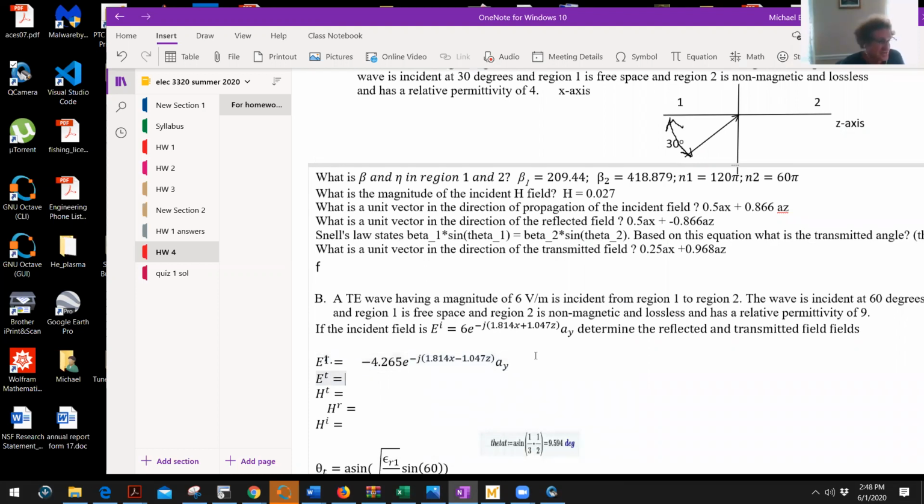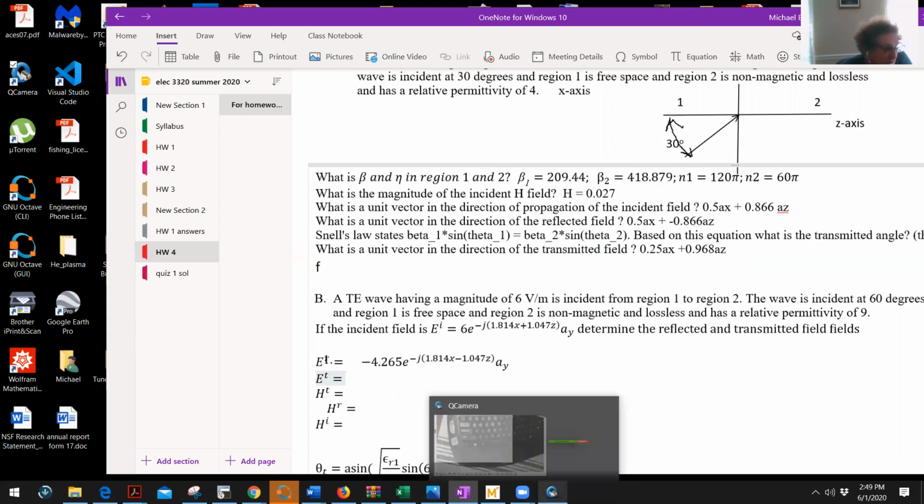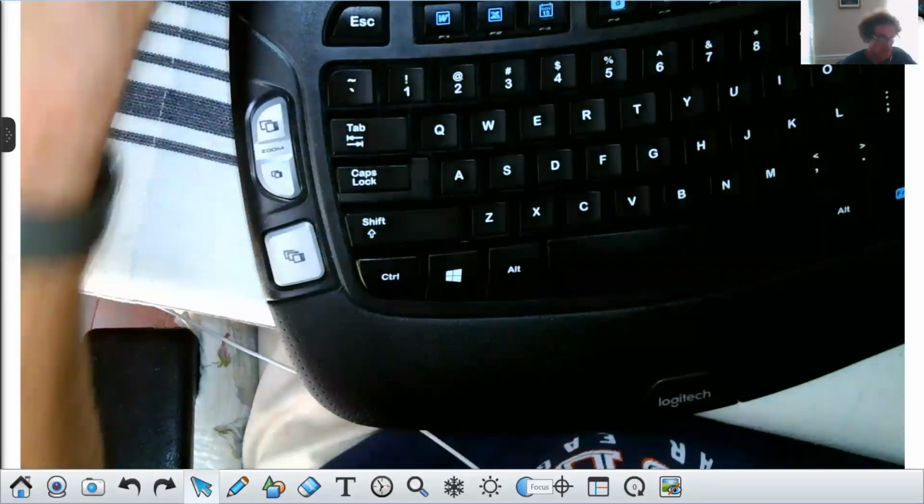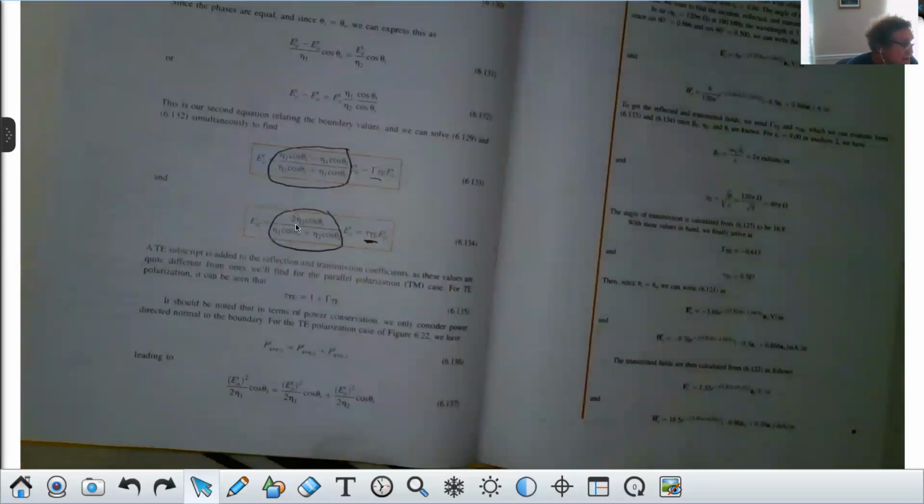How do I get the transmitted field? Take a guess. Well, I didn't get to it today, but I'm going to right now, and I appreciate everybody sticking around. To get the transmitted field, there are two ways I can do it. I can calculate this right here.